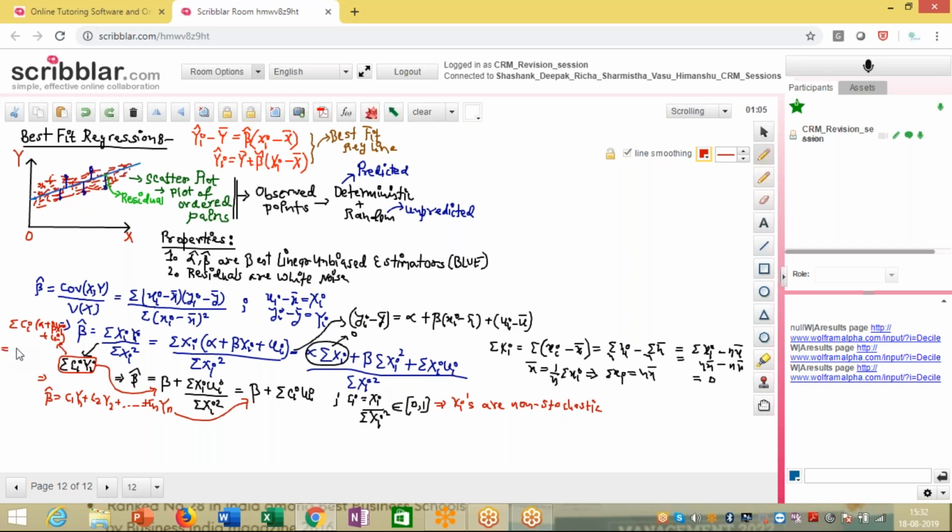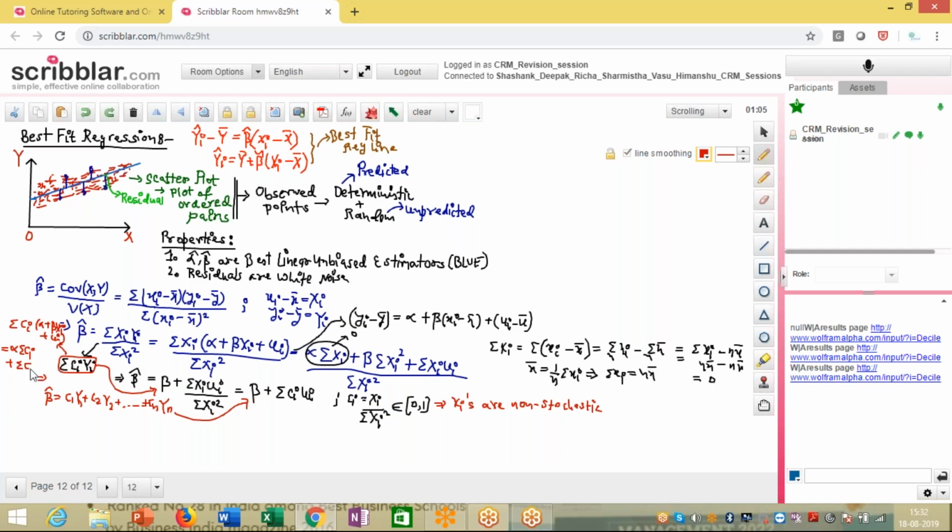So this will become alpha summation Ci plus beta summation Ci Xi plus summation Ci Ui.